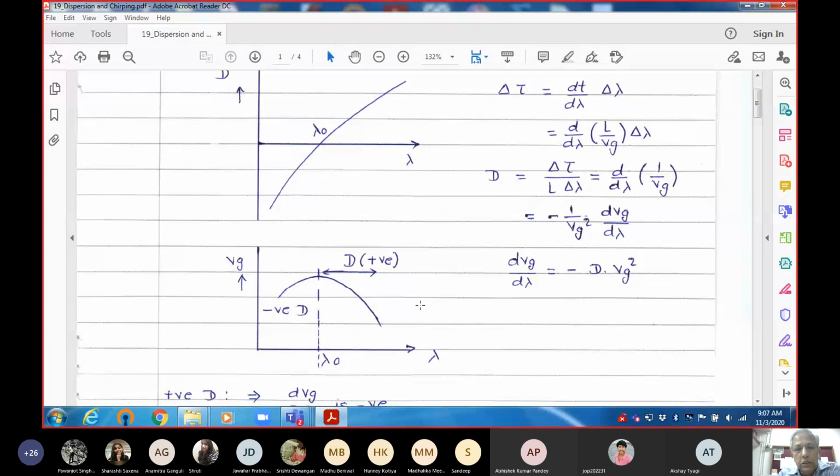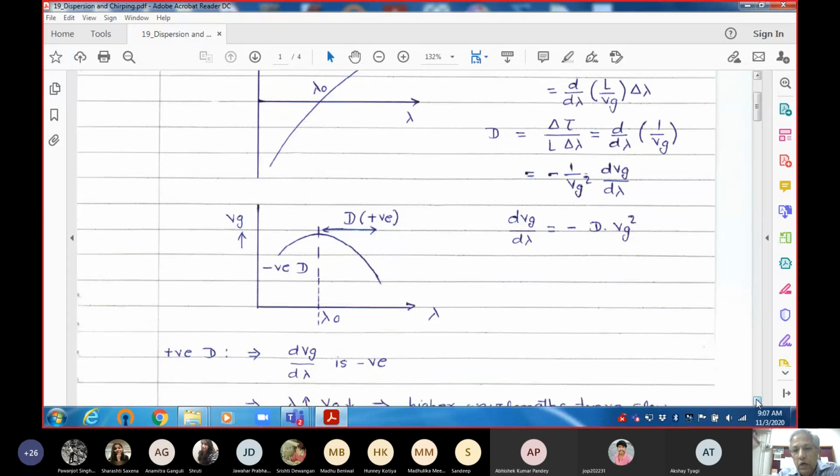I think this is what we had discussed last time. So what does it mean? In the positive dispersion region, because dVg by d lambda is negative, as wavelength increases, Vg decreases. So higher wavelengths travel with smaller group velocity, and they take longer time.